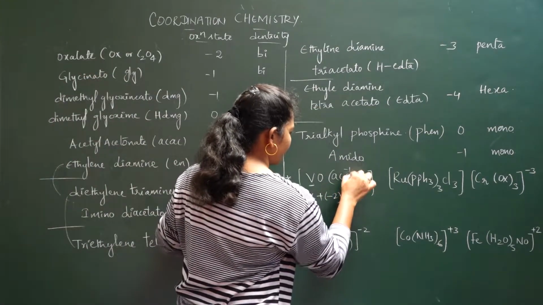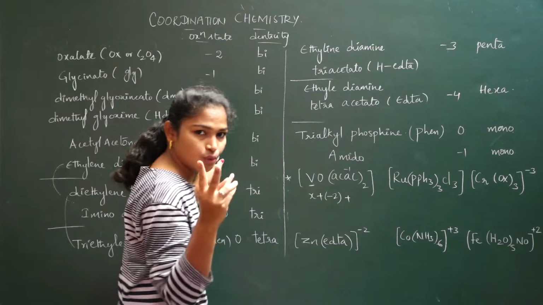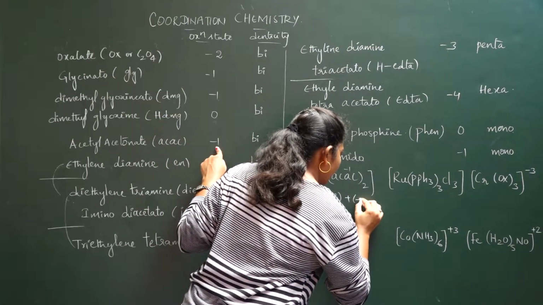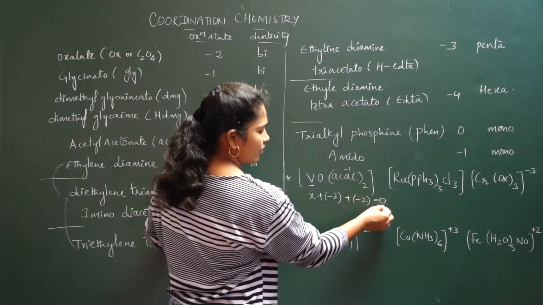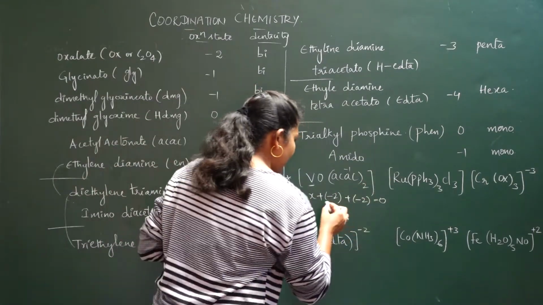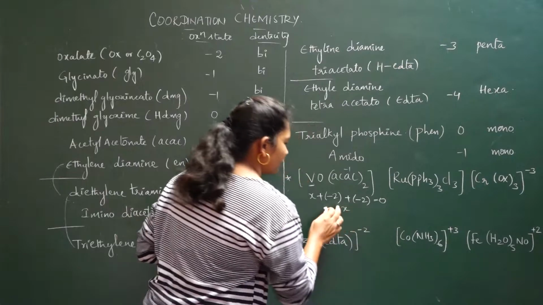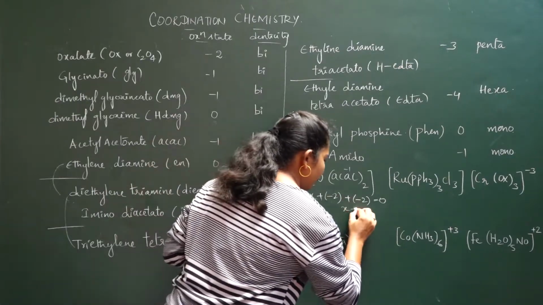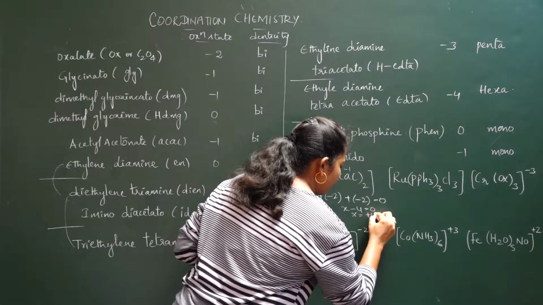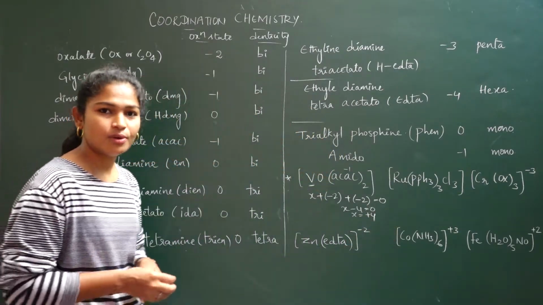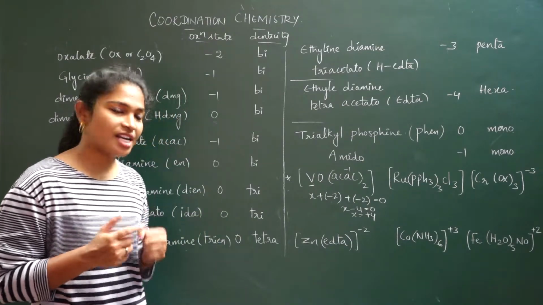How many are there? 2, so you get -2. The complex has no net charge, so you write 0. X - 2 - 2 becomes X - 4 = 0. X is equal to +4. So the oxidation state is +4.